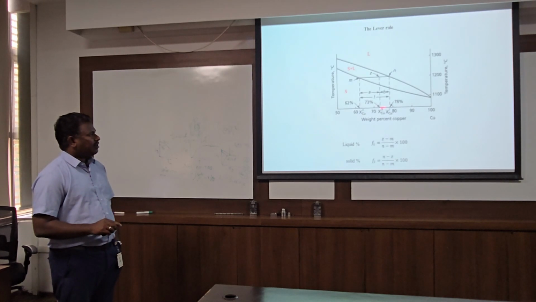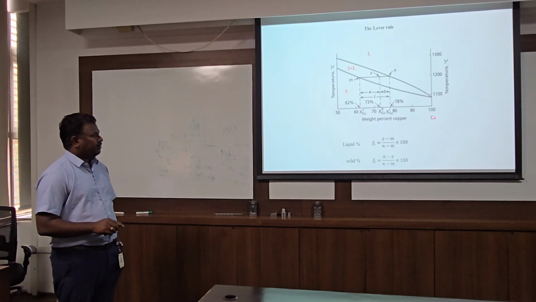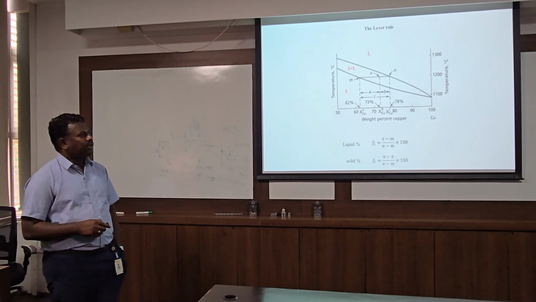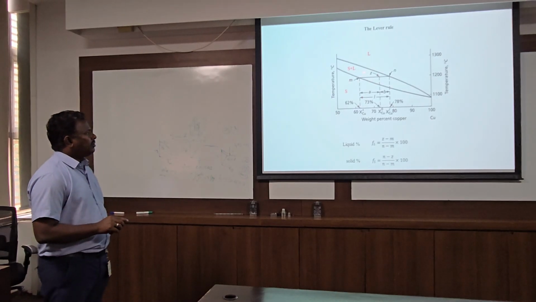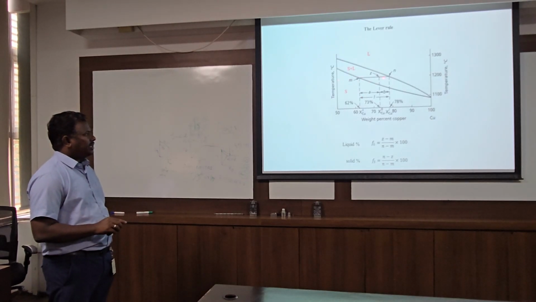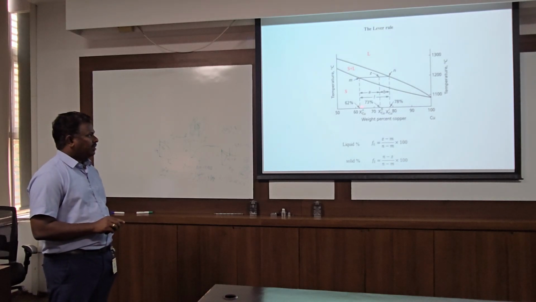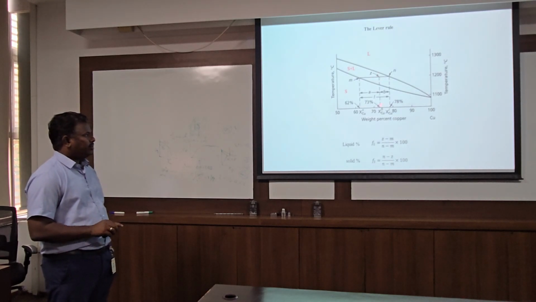So this is just a cross section of some hypothetical phase diagram for copper and nickel. The lever rule is basically based on the mass conservation principle. If I come to this temperature, I have two phases, solid and liquid. I want to know how much solid is there, how much liquid is there. This is my composition, Z is my composition.